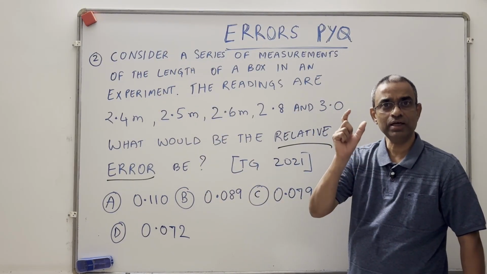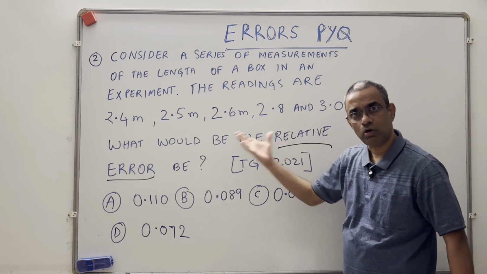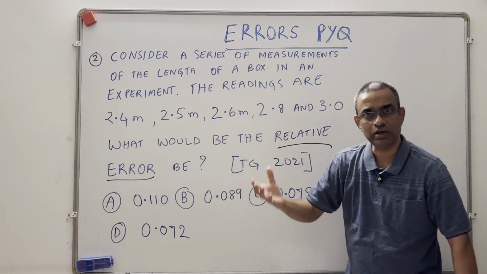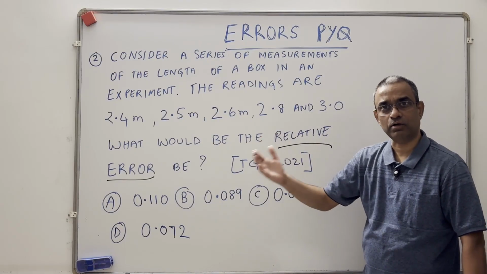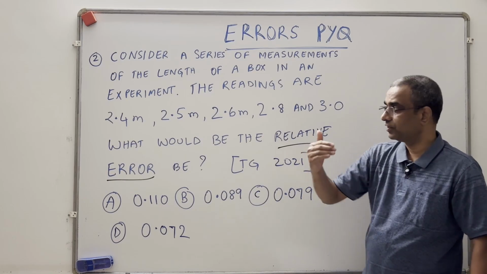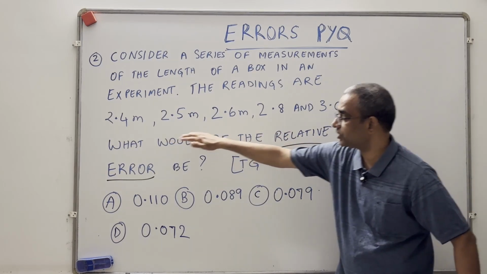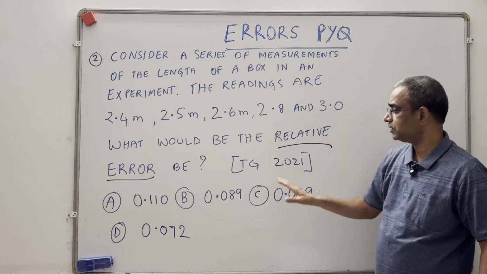That would be the absolute error in each reading. We take all the absolute errors and then find out the average of that. That would be the mean absolute error or the average absolute error. The average absolute error divided by the average of all these, that's the true value. That would give the relative error.